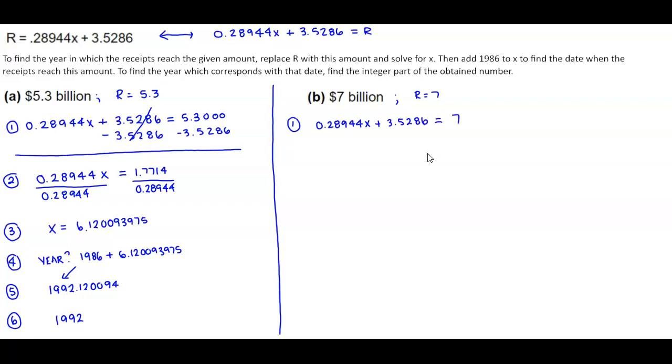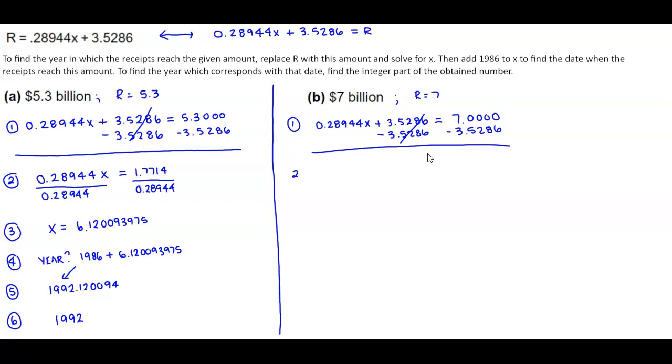That's going to equal R, which is 7. So we're going to subtract 3.5286 from both sides. And keep in mind here that when you subtract a decimal, you've got to add these zeros.